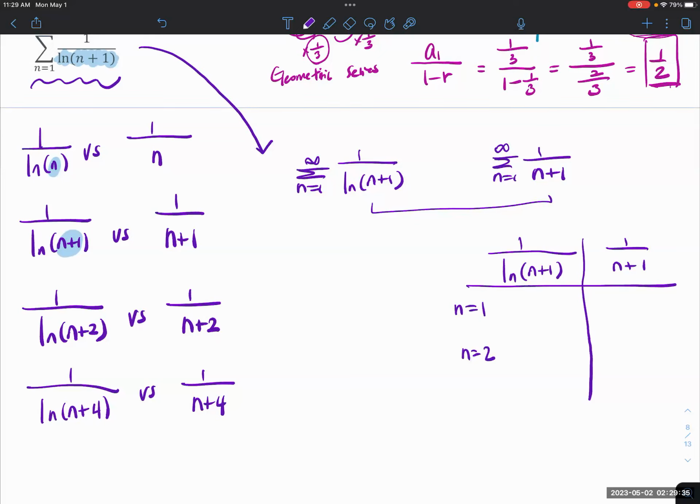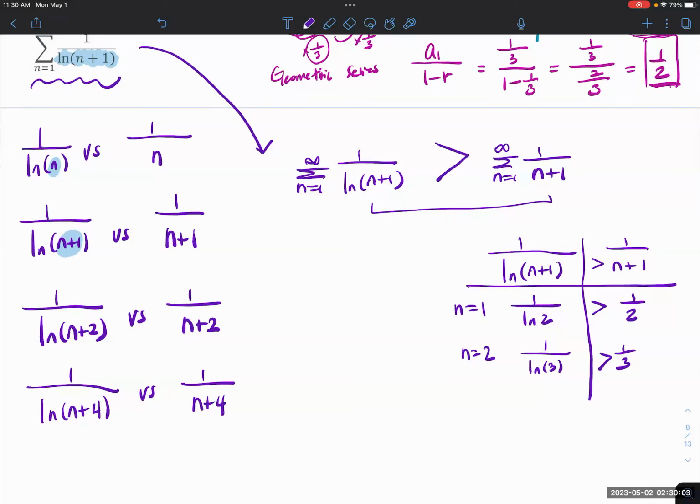If you go to decimal, what is ln 1, ln 2? Here they're actually not the same. What is 1 over ln 2? I can calculate it, it's 1.1444. This is larger. 1 over ln 3 is larger than 1 over 3. So this time the left side is larger.